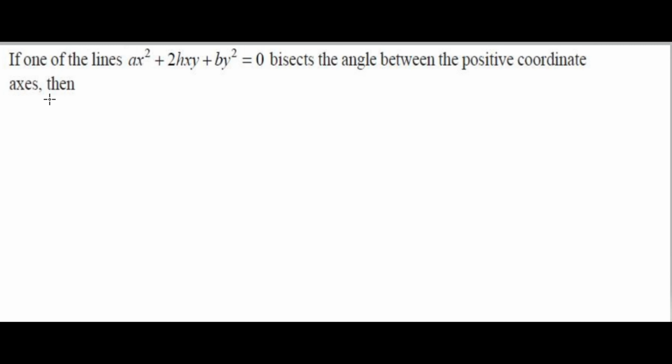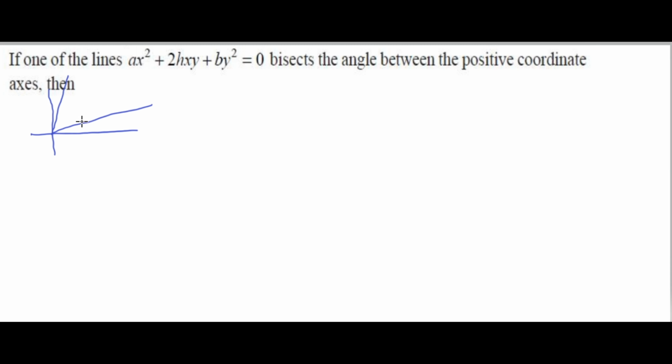If one of the lines ax square plus 2hxy plus by square is equal to 0 bisects the angle between the positive coordinate axes. Here a pair of lines is given. So these are the coordinate axes. So the given pair of lines is ax square plus 2hxy plus by square is equal to 0.